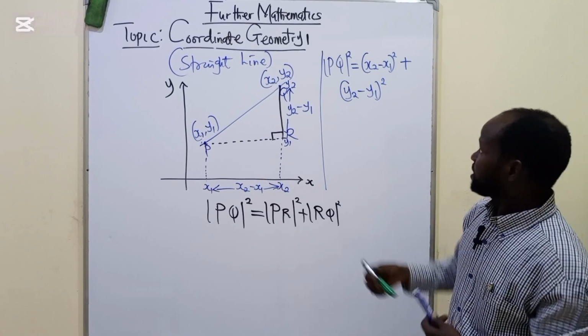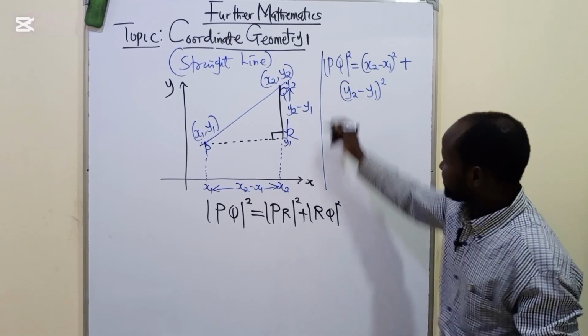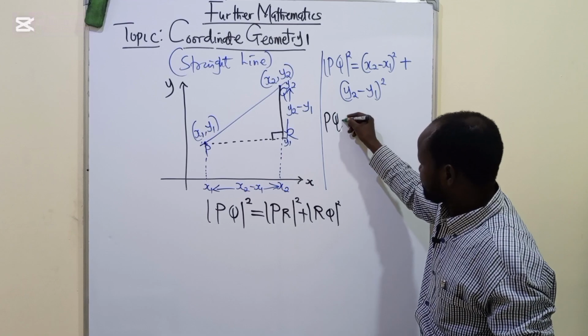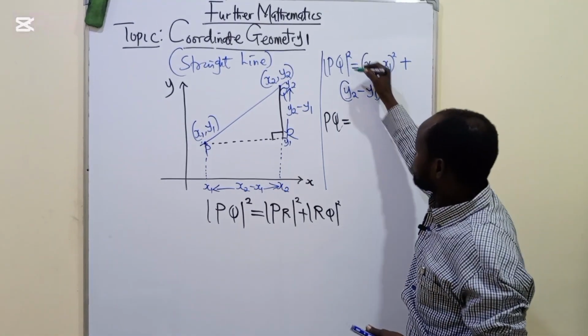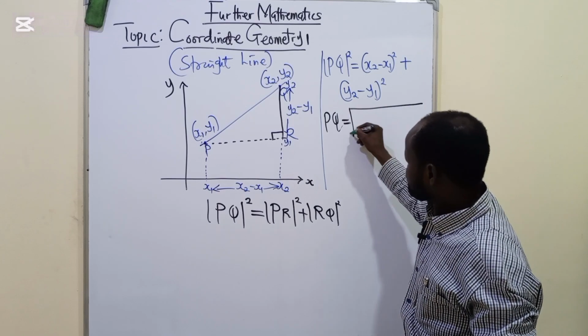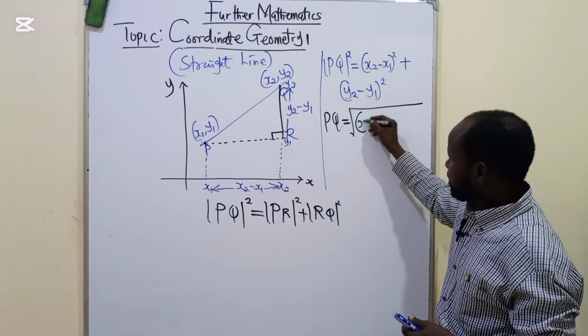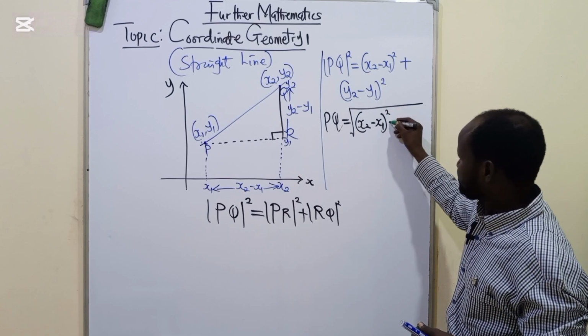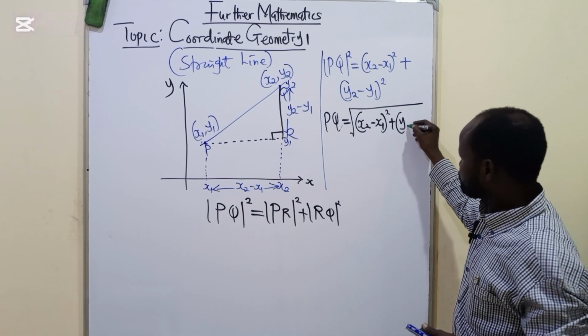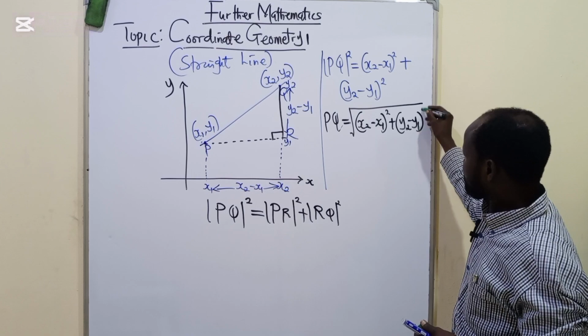Very important. And to find length PQ, length PQ will be equal to, we take the square root of both sides to remove this square, the square root of x2 minus x1 all squared plus y2 minus y1 all squared.